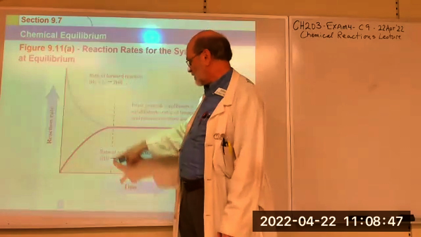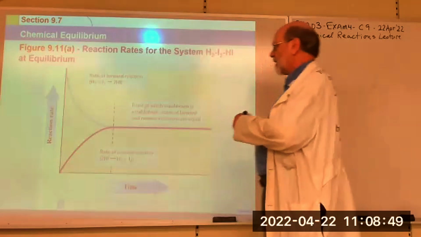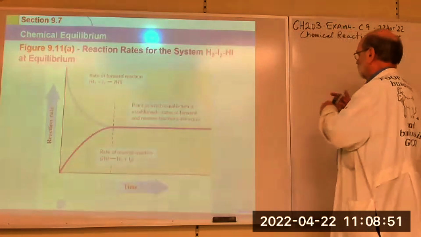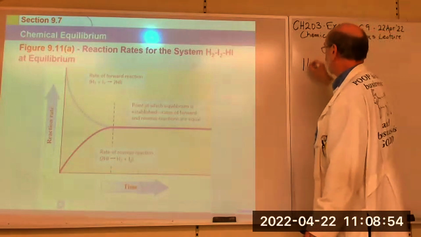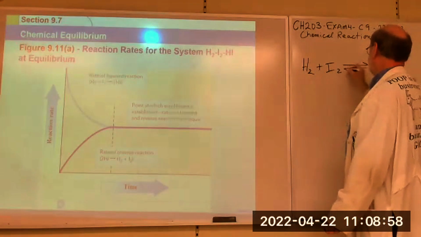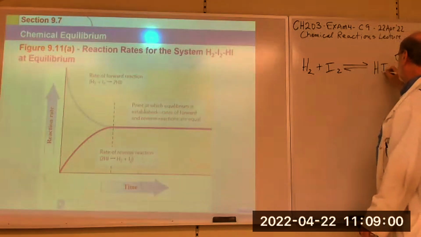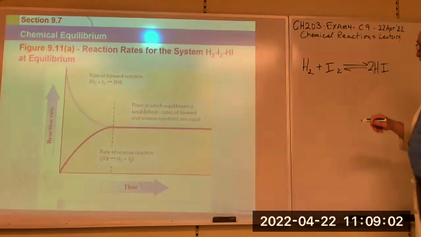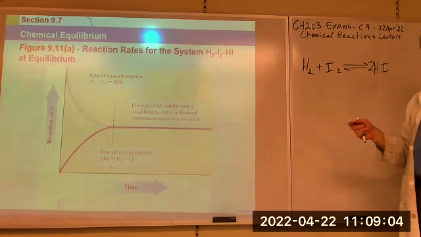Notice this is the reverse of that one. Sometimes we write it like this. Actually, it's more convenient to do it this way, with a double barbed arrow. That says this reaction goes both directions.